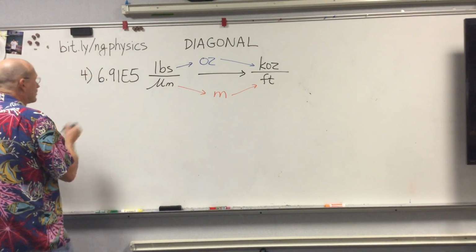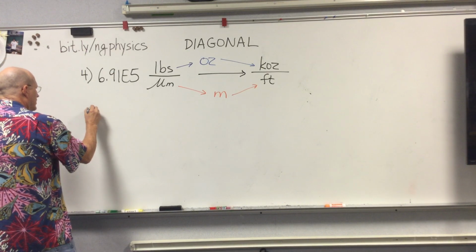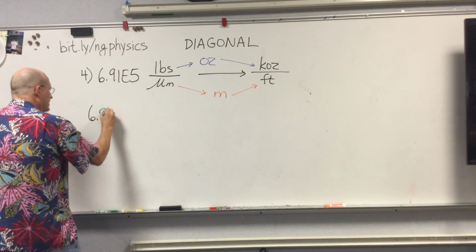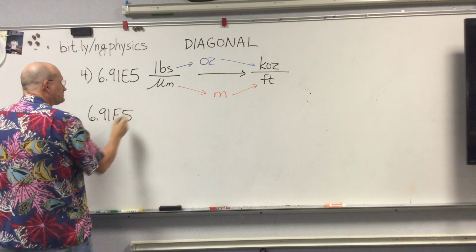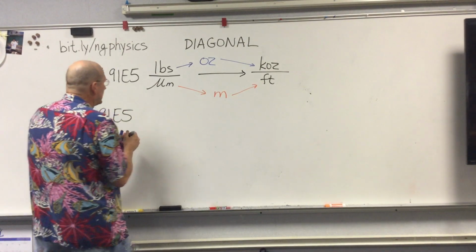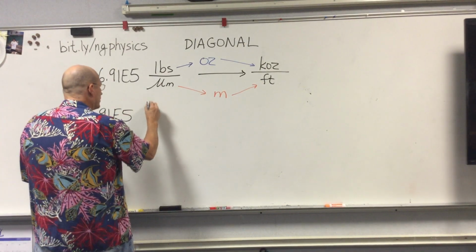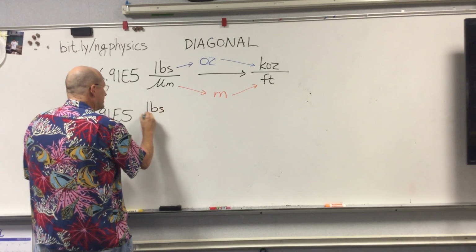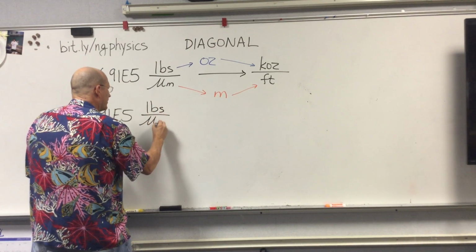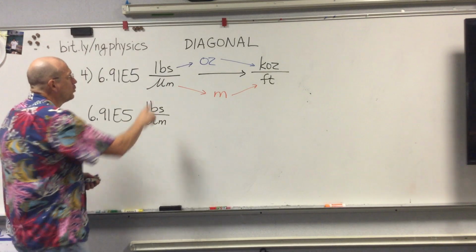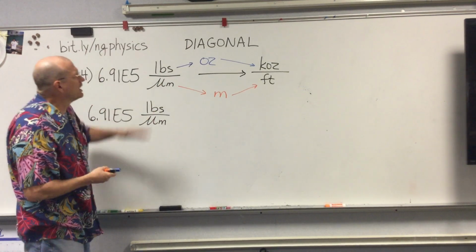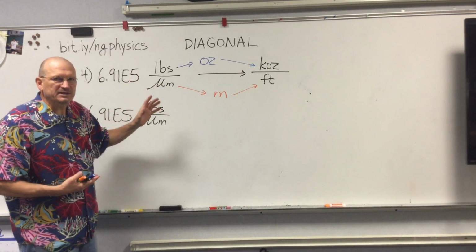So what we're going to do here is start with our 6.91 E5, and I will start with both these things in black here, but now we can only convert 1 unit at a time.